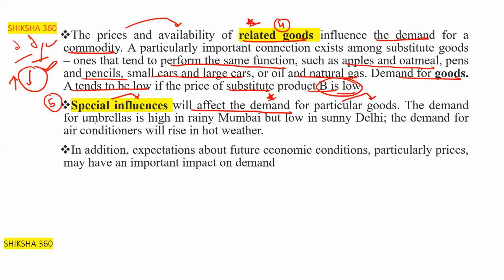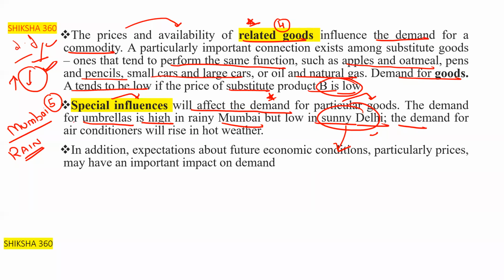The demand for umbrellas is high in a rainy Mumbai but low in sunny Delhi, because in Mumbai we feel that rain comes at any time. On the other hand, in Delhi, with respect to Mumbai, there are very few chances. So the demand for umbrellas is high in Mumbai with respect to Delhi.